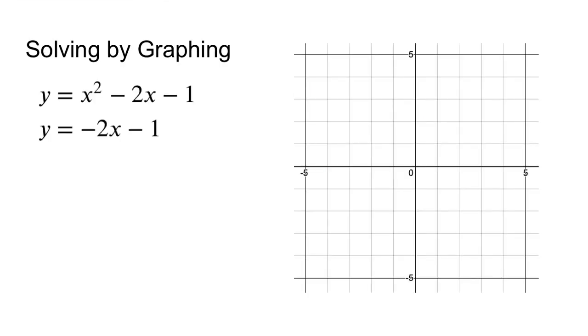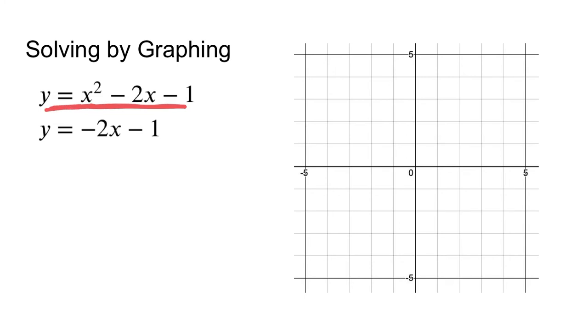So let's take a look at how to solve a system of nonlinear equations by graphing. The good news is that we graph a parabola exactly the same way we did before. We can create a table of values, or find the vertex and then create the table of values, whatever works best for you. So for this x squared minus 2x minus 1, we can graph that quadratic equation however we want.